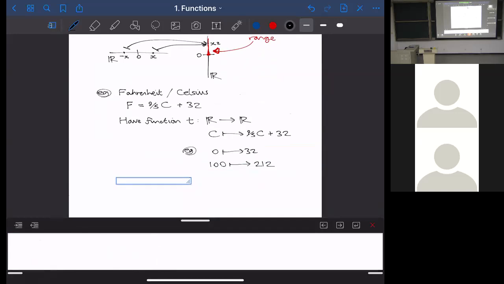But we have a choice about what codomain to take.